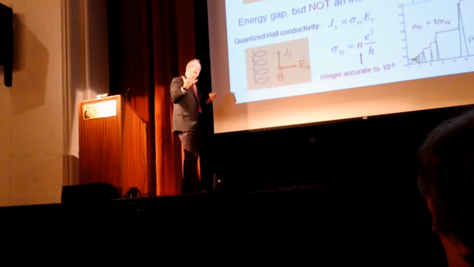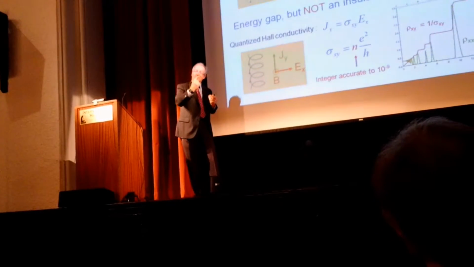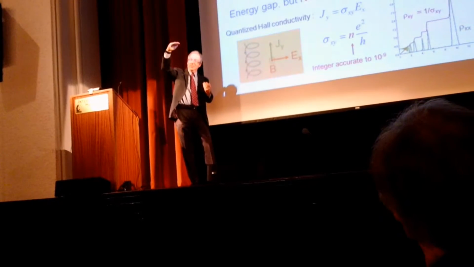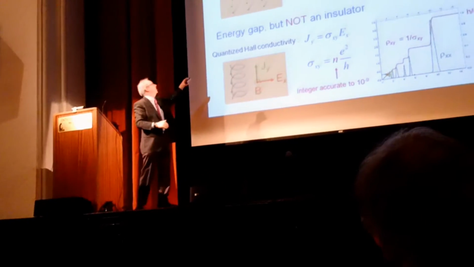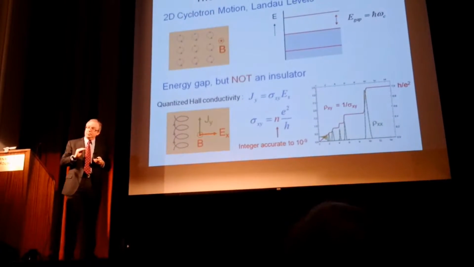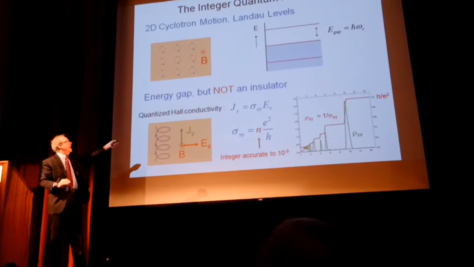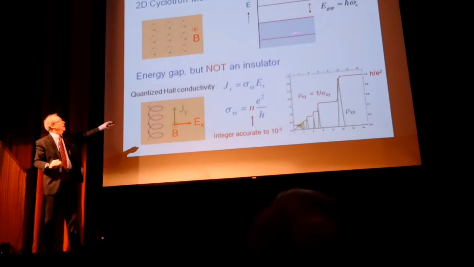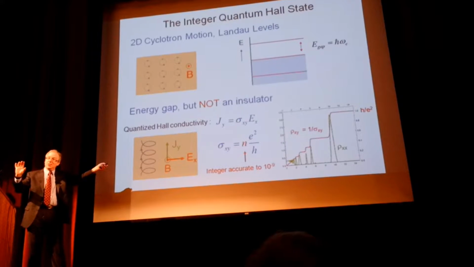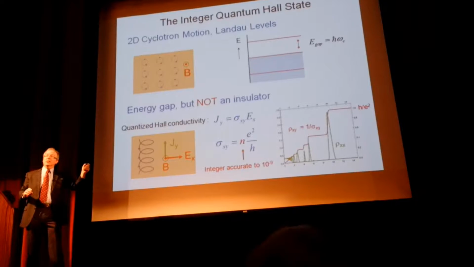Okay, and I explained to you that what quantum mechanics does to periodic circular orbits is it tells you that the energy levels are quantized. Okay, and so the quantized energy levels for this cyclotron motion are called Landau levels. And so what can happen is you can have a situation where some number of Landau levels are filled by electrons, separated by an energy gap from the rest of the Landau levels.